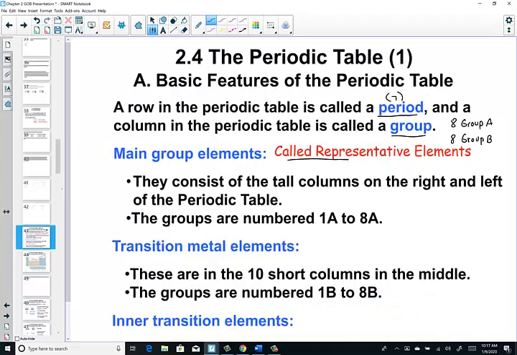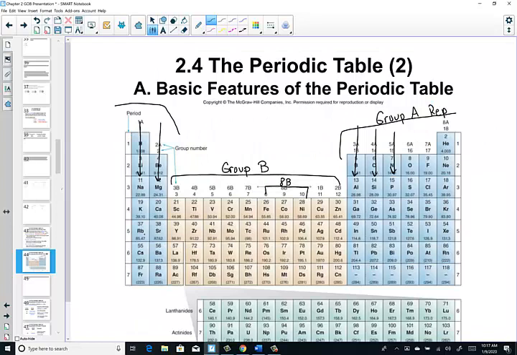The Group B elements are called the transition metals. There are 10 short columns, but they are numbered 1 through 8. Let's emphasize that again. The Group B's have 10 short columns: 1, 2, 3, 4, 5, 6, 7, 8, 9, 10 short columns.